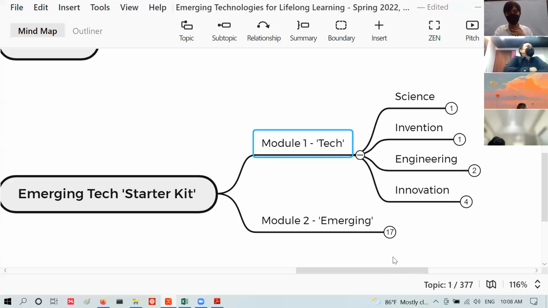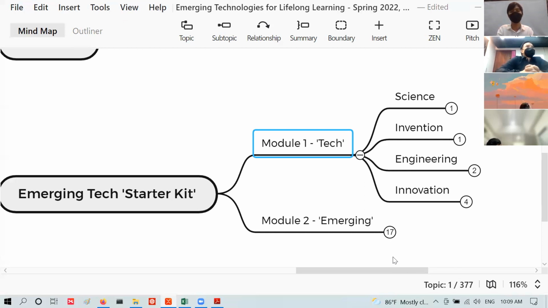Does it pass science? Good invention? Does the engineering work? Is the innovation viable? It's a little bit like a checklist, yes or no. The reason you can call anything a tech is because it has to pass science.